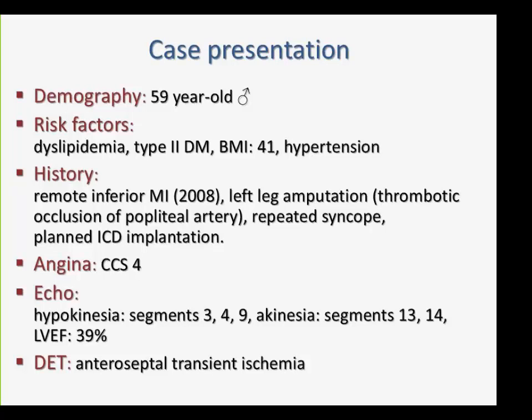59-year-old, with several typical risk factors: dyslipidemia, diabetes, obesity, and hypertension. And he had a remote inferior myocardial infarction, but the inferior segment by echocardiography proved to be viable. But the very distal segments of the anterior septum and the apex were akinetic.